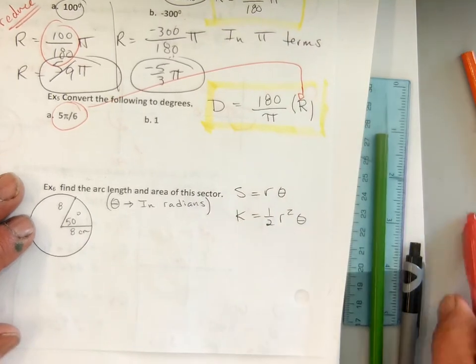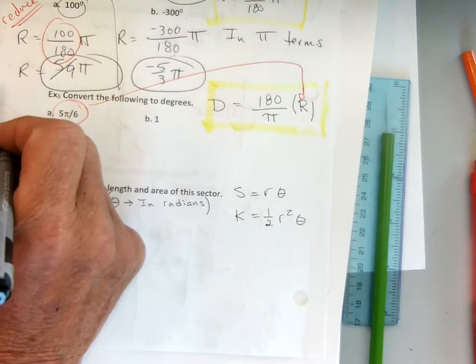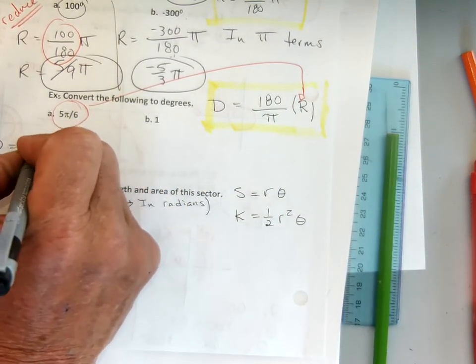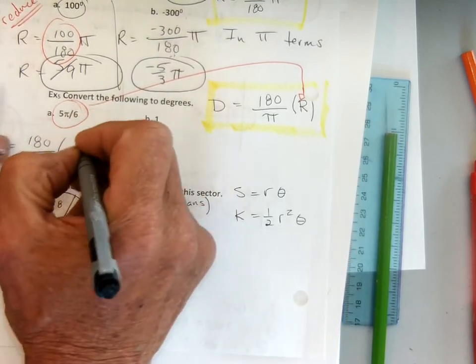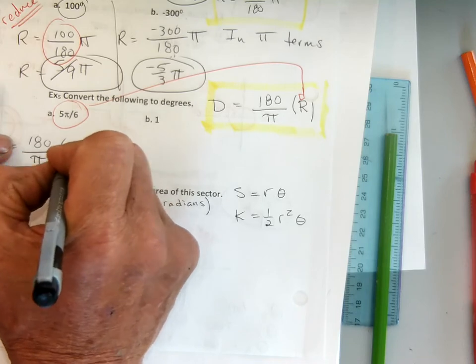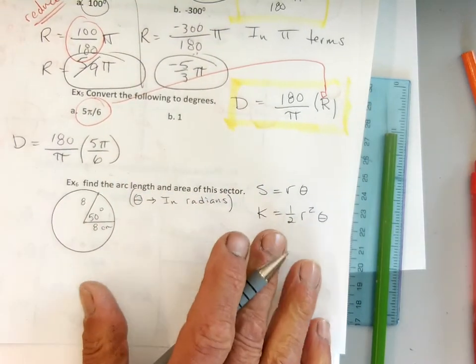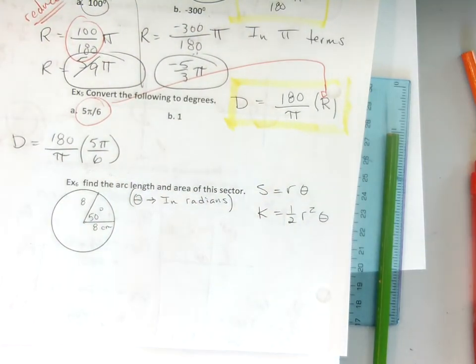So I'm going to rewrite this as my degree is equal to 180 over pi times my 5 pi/6. I'll step back and let you see. Same angle, different name.